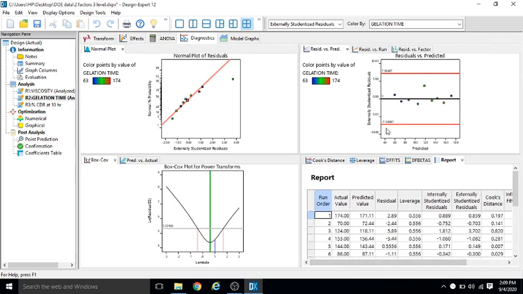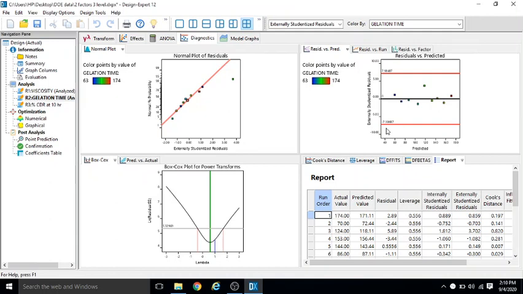One thing I want to clarify, that you may find a lot of information while doing optimization using this Design Expert software, because this software is not limited to pharmaceutical use, but in engineering, in aerospace engineering, in mechanical, electrical, everywhere people are using this software.